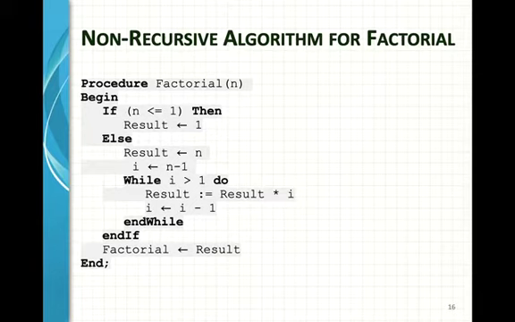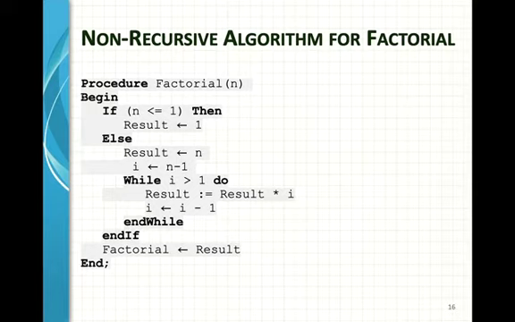Okay, there is a small comparison, actually. Here is an algorithm written in a non-recursive way for the factorial. You all know about factorial. If I say factorial 5, it means 1 into 2 into 3 into 4 into 5, that is 120.